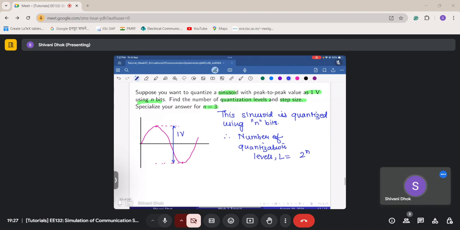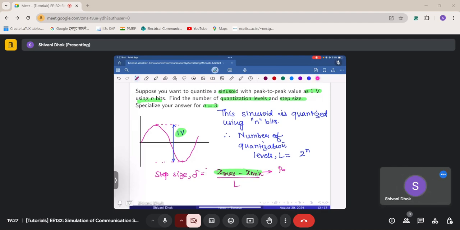If I have L levels and I need to cover this interval of 1 volt, then in general the step size delta is given by x max minus x min divided by L. Here x max minus x min corresponds to the peak to peak voltage in our given question, which is 1 volt.